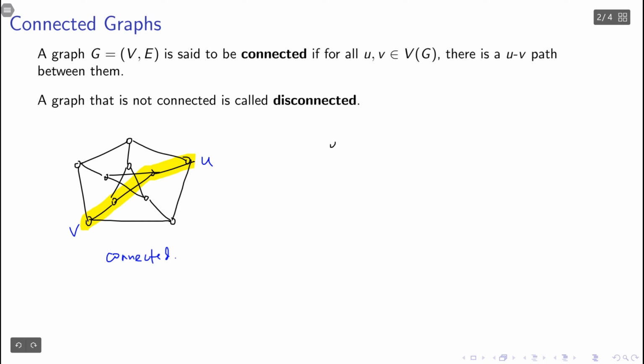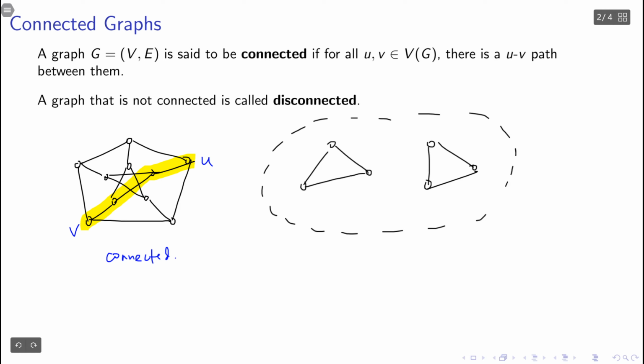You'll easily recognize when a graph is what we call disconnected. Say this graph here, consisting of two triangles or three cycles. This is disconnected because I can pick U here and V in the other triangle, and there's going to be no way to get from U to V using a path in your graph.